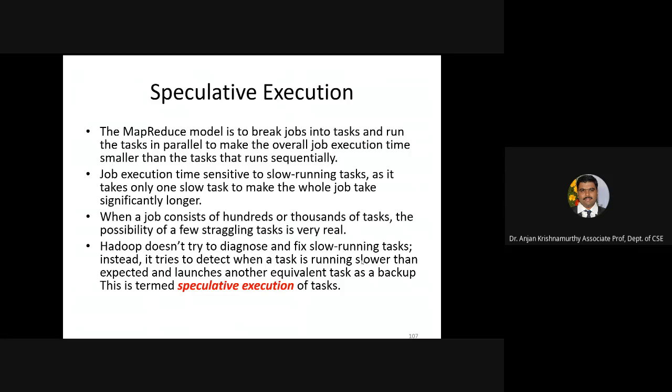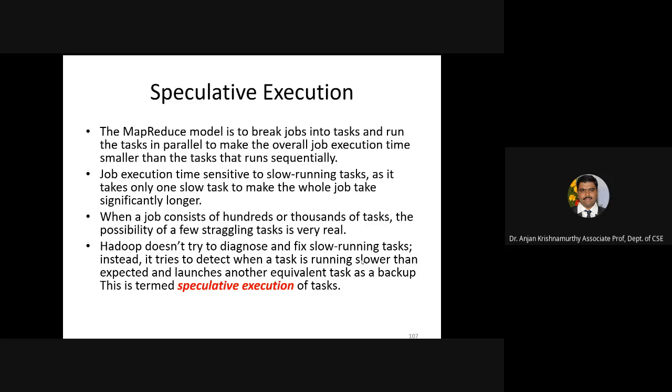So we come to a very important part of task execution, and this is called speculative execution. Now, what is speculative execution? As we already know, the MapReduce model works on jobs, where the jobs are divided into tasks.